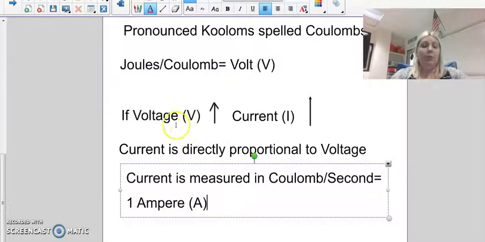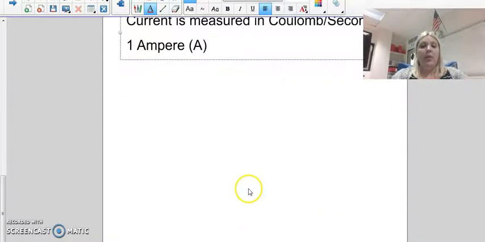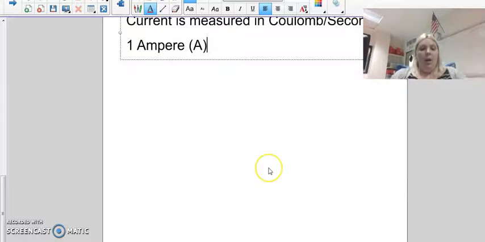So now that we have the units for both voltage and current, it is finally time to derive an expression that relates voltage and current. But before we do that, we need to think of another quantity, and that quantity is resistance. I want you to think back to our experiment in class when we were walking around and imitating electrons.